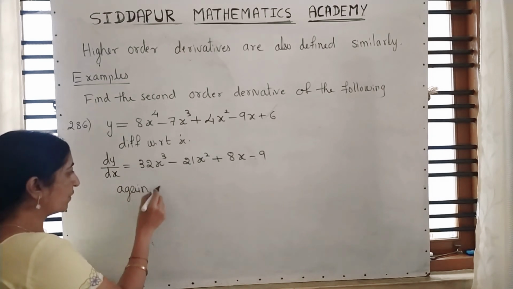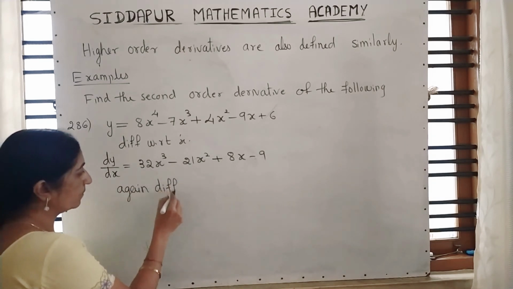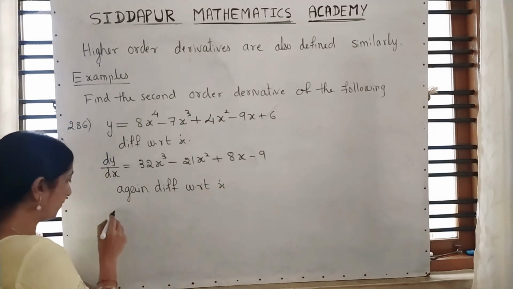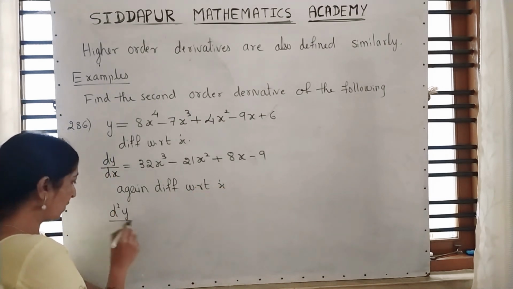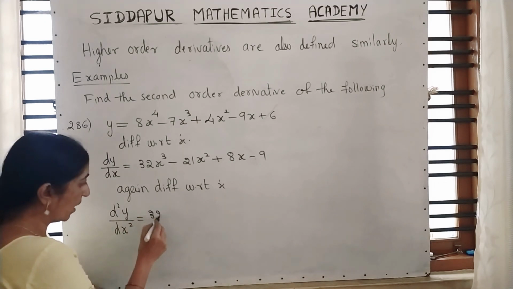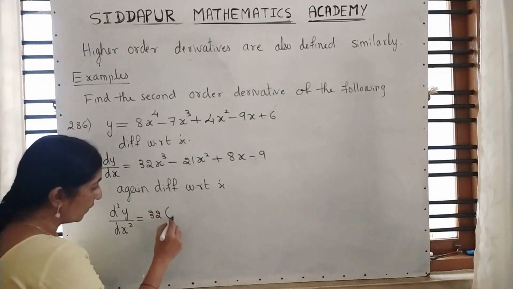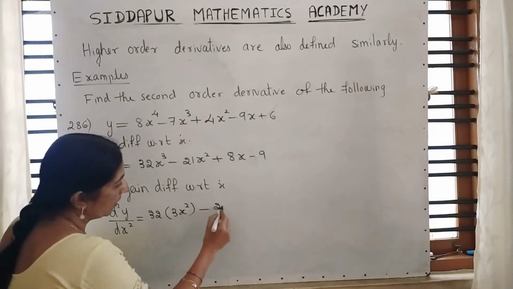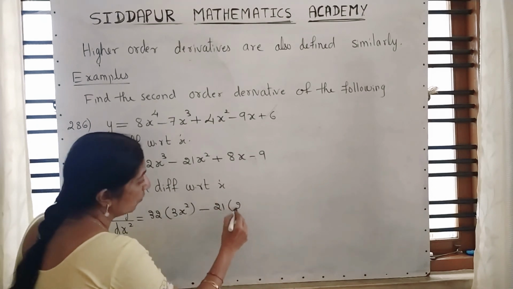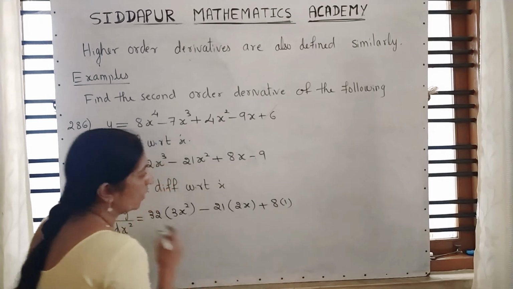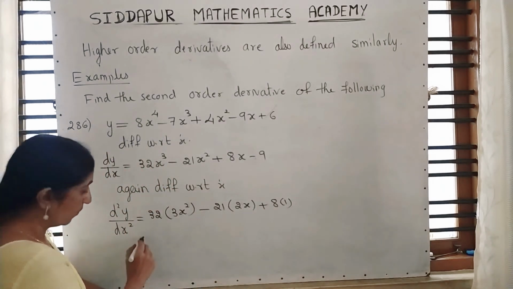Again differentiating with respect to x. D square y upon dx square is, keep 32 as it is. Differentiation of x cube is 3x square, minus 21 as it is. Differentiation of x square is 2x, plus 8 into 1, and differentiation of 9 is 0.